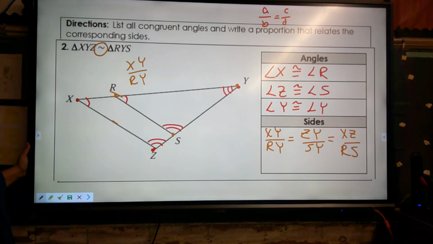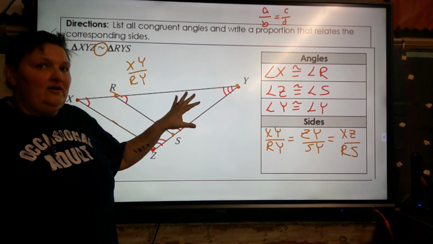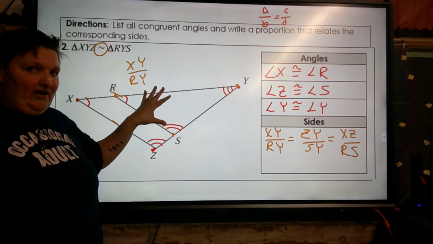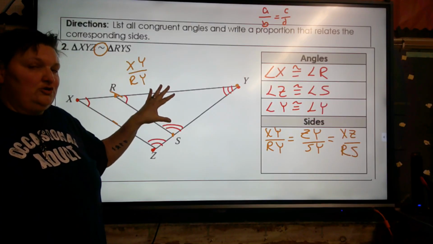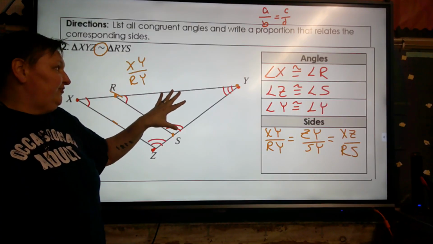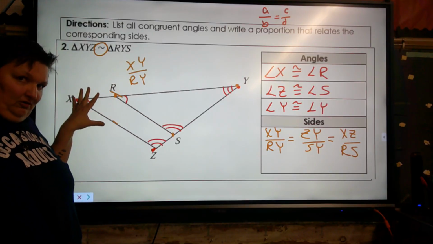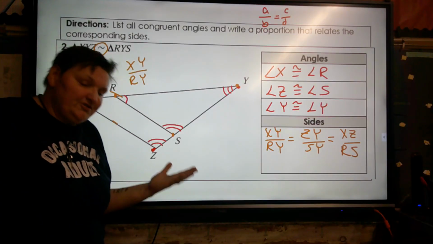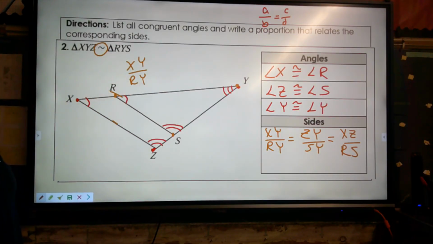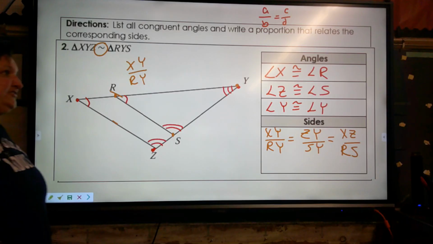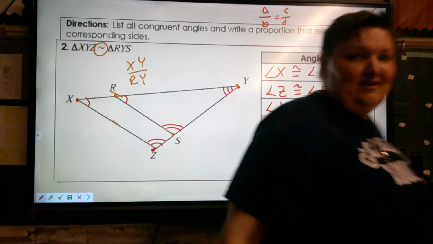Why does that matter? Because if you know the values of the smaller triangle, you can use that knowledge to figure out the values of the bigger triangle because they're in proportion. That's it. That's all for 4.3. Practice sheet and mastery check should be ready to go. Good luck.